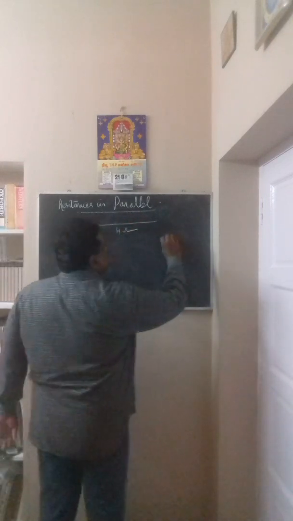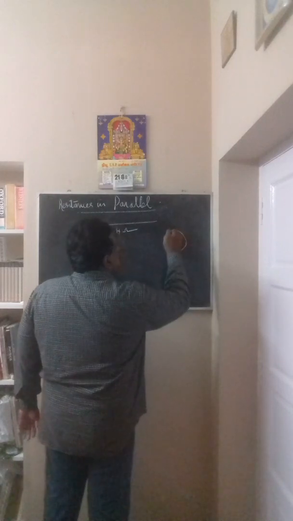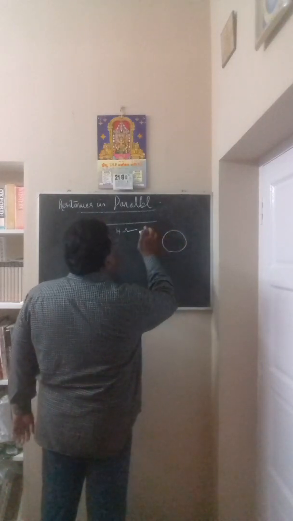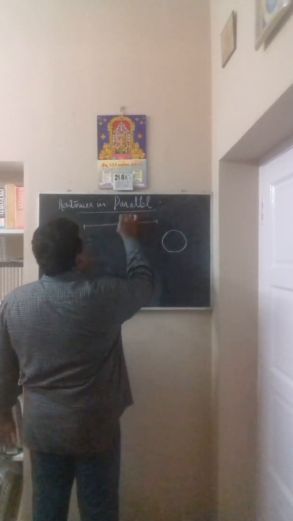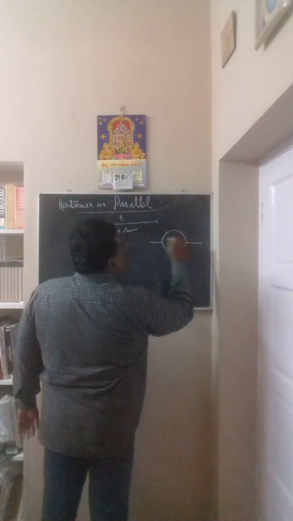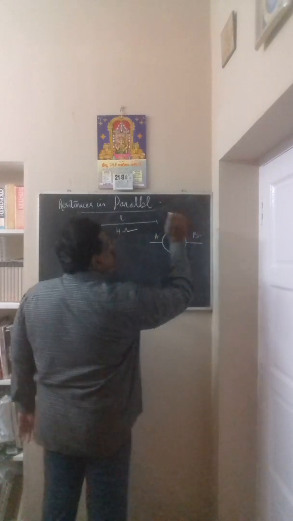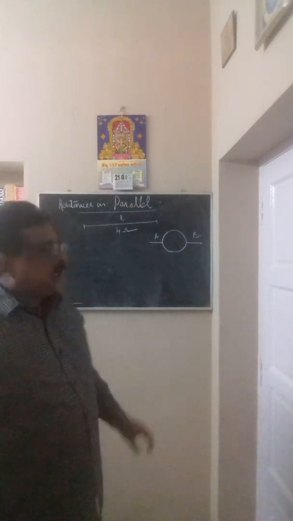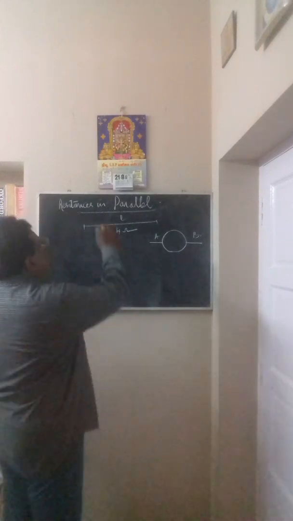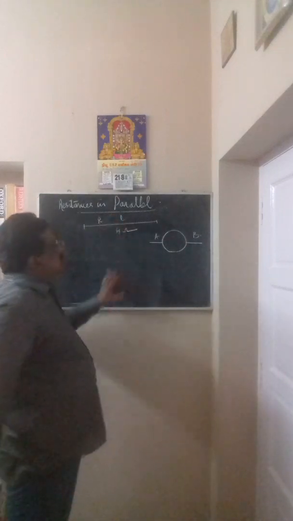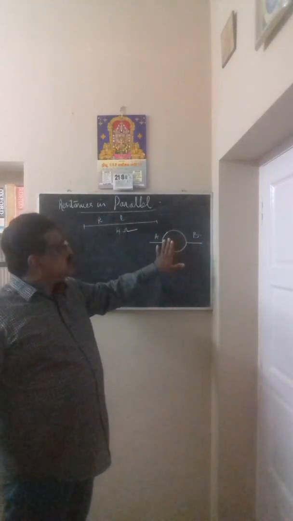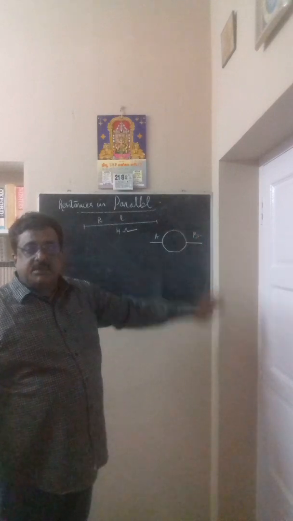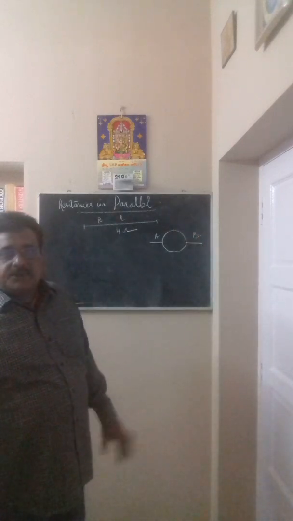You are making it into a circle, the same wire of length L, and what will be the resistance across A and B? So the wire having a resistance R is circled. What is the resistance across its diameter?